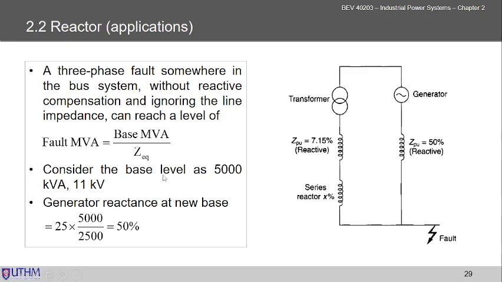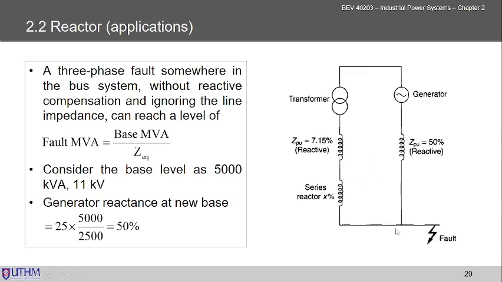The generator reactance was previously 25%, so due to the base selection we need to calculate the new reactance at the generator. It's 25 times the new MVA base divided by the old one, 2500 kVA, so the new reactance for the generator is 50%. So it's 50% and 7.15% here.